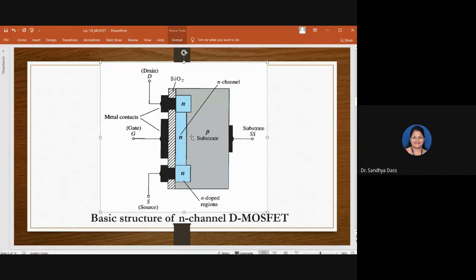What is the output current in FETs? What is the output parameter? Is it voltage or current? What is the output parameter in the devices we are discussing?